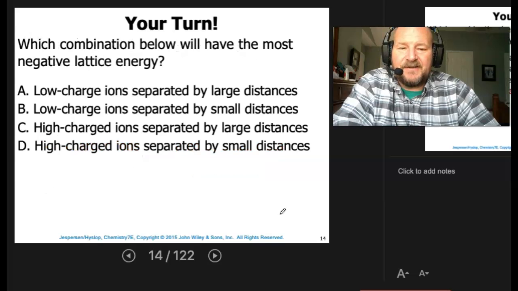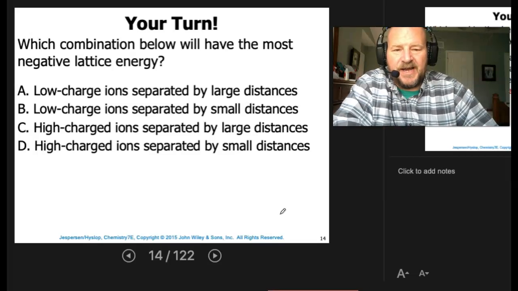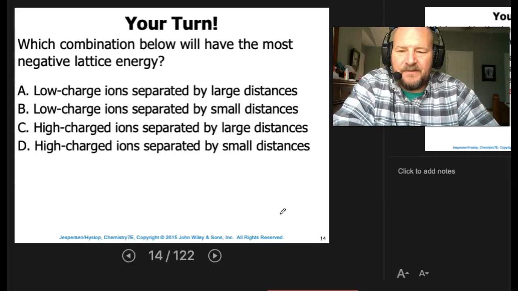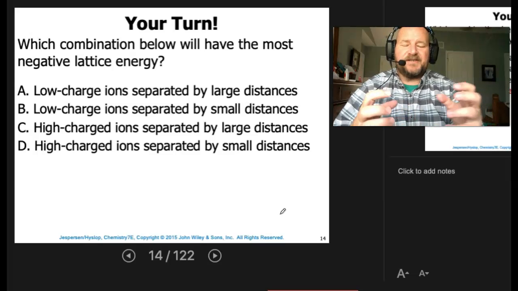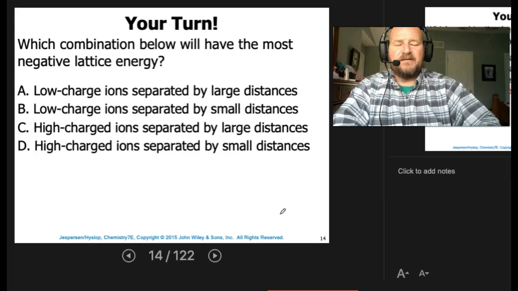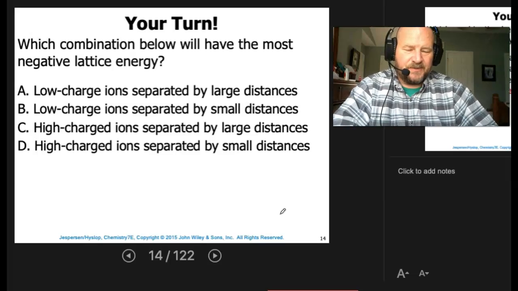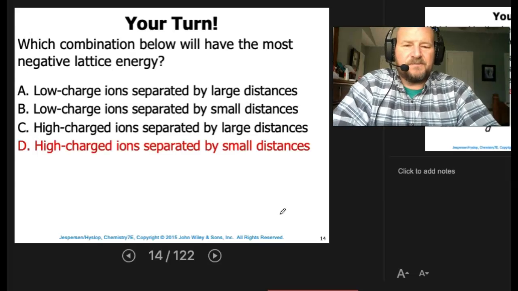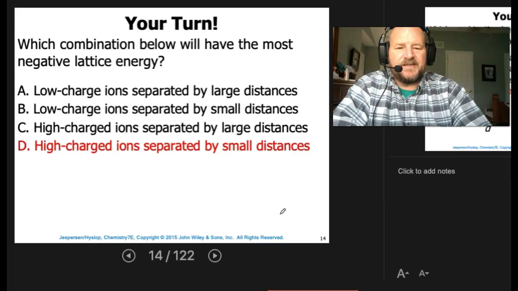The higher the lattice energy. And of course, by higher, we mean more negative because it's an energy we want exothermic, so we want a negative. So we probably want high charged ions, and then it's based on distance. Do we want them close or do we want them far away? And obviously, if we want to decrease potential energy, we want them to be small distances, right? So that's going to be D.